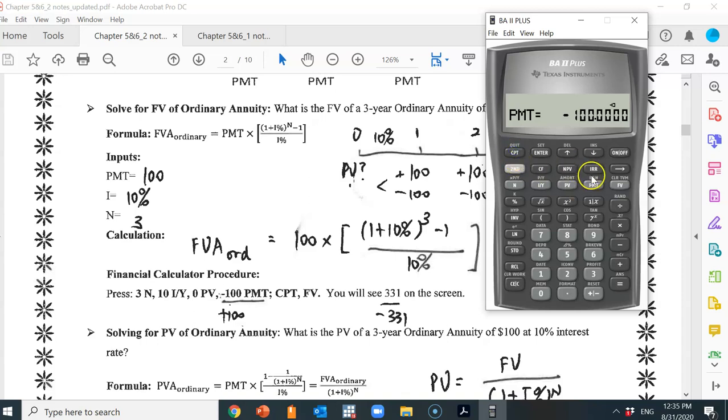Then if you compute for future value, you're going to see a positive number, meaning you're going to withdraw 331 after 3 years. So here, payment and future value have opposite signs. Again, no free lunch rule.